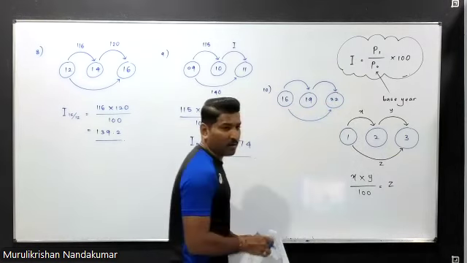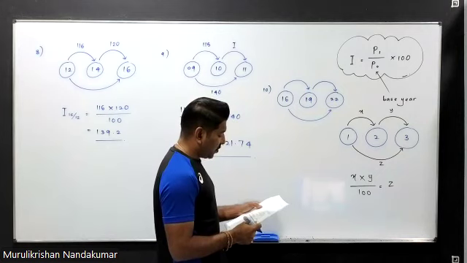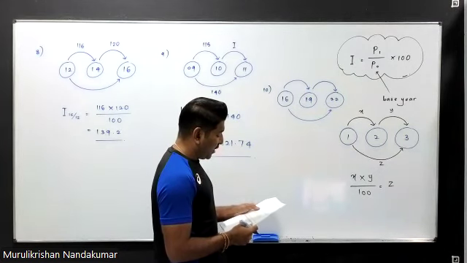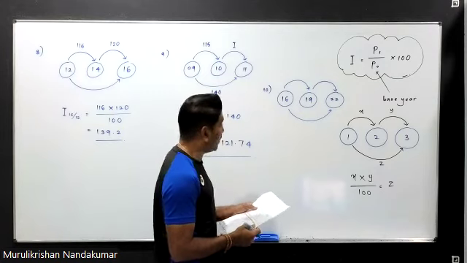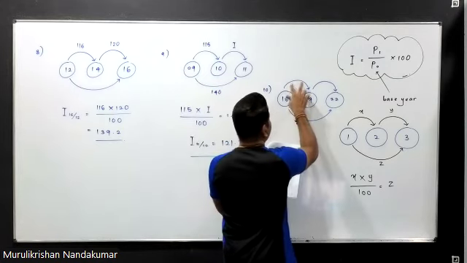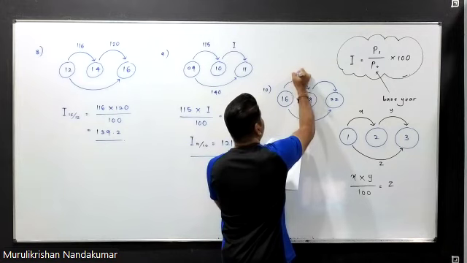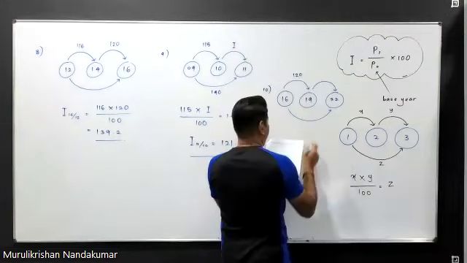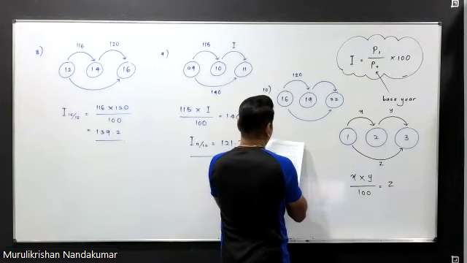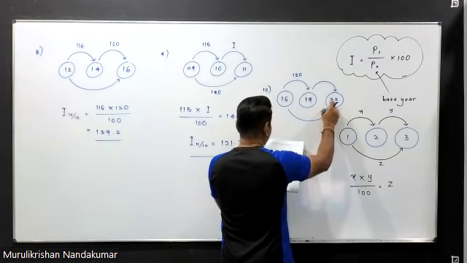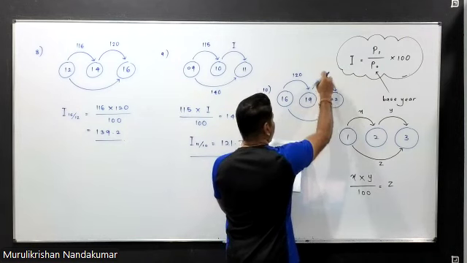Okay, 16, 19, 22. Okay, kita baca soalan sekarang. The index number for the year 2019 base 2016 is 120. The index number for the year 2022 base 2019 is 130.